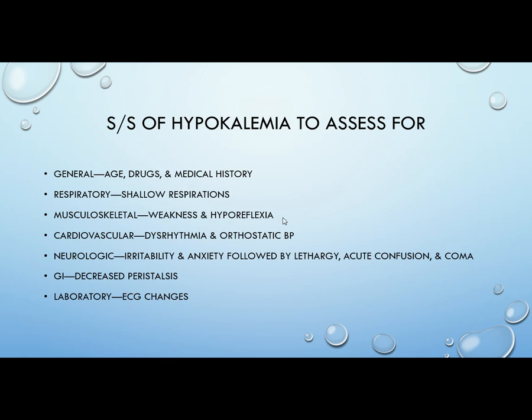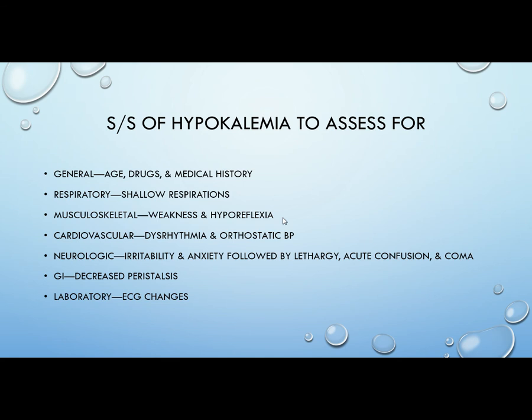Because they're hypokalemic, it's going to take a stronger stimulus to begin a muscle contraction. So severe hypokalemia can cause flaccid paralysis in your patient. Okay, so you need to check them for muscle weakness and hyporeflexia. The pulses are usually thready and weak, but the rate can be either slow or fast, either one.